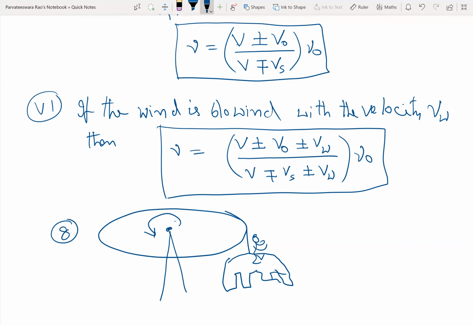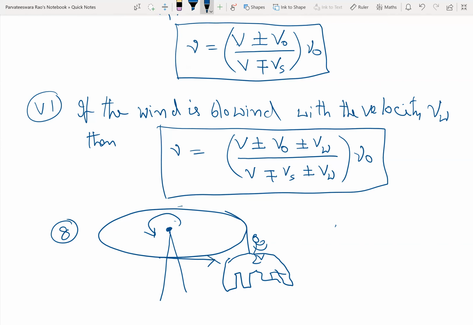If the source of sound is at the center, then the frequency of the sound heard by the observer will remain the same. Remember, suppose the source of sound is somewhere outside, then it depends.